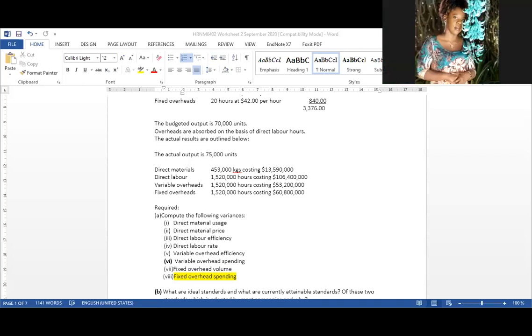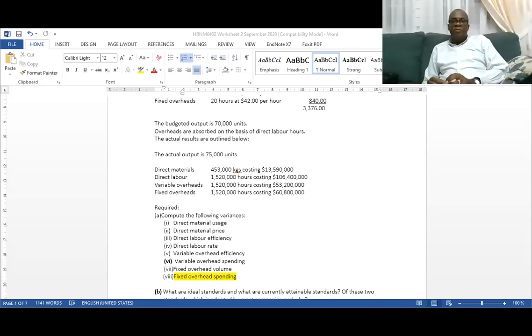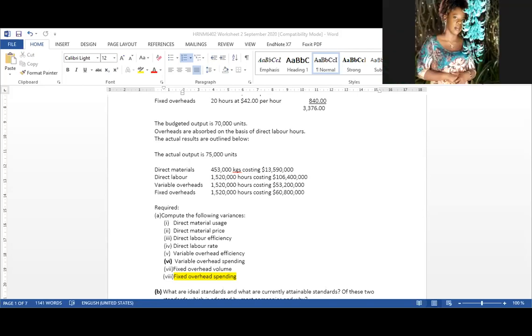When I looked it up, I saw actual fixed overhead minus budgeted overhead, but when I actually looked at your solution sheet, it seemed as if it was the other way around. Doesn't matter, but okay. Who's speaking? I like to call names. Who's speaking? It's Colette. Colette, yes.